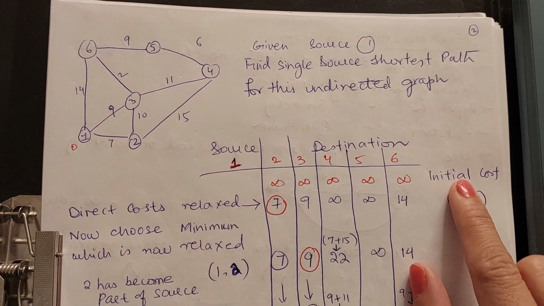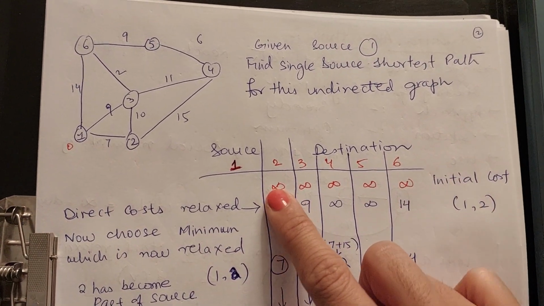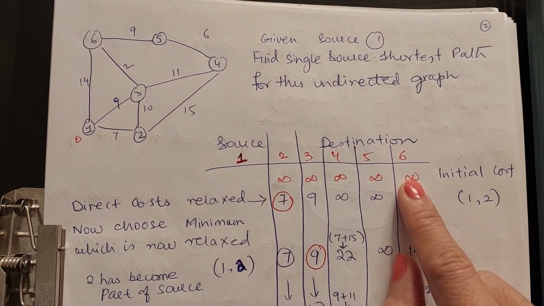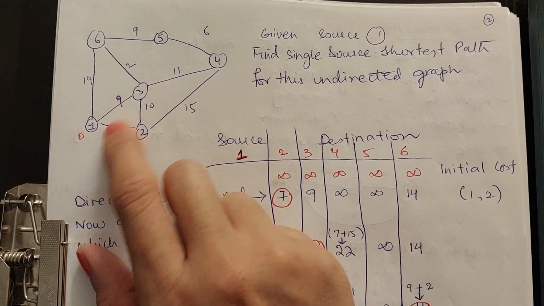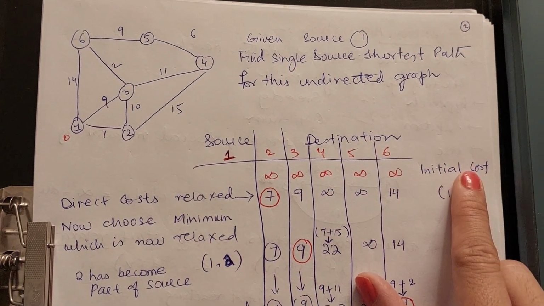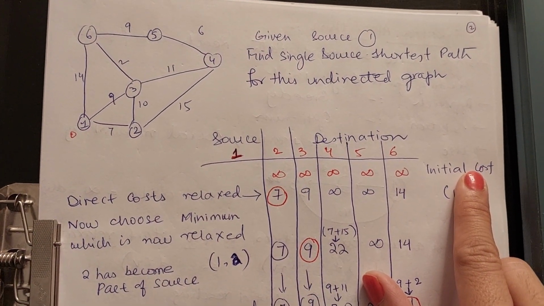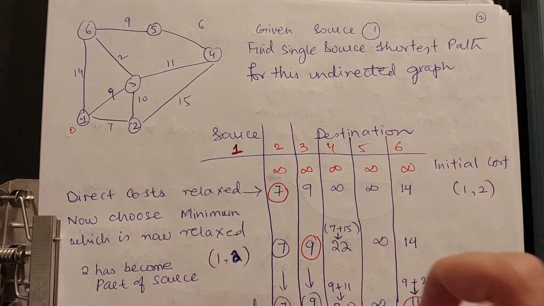So how do we initiate the problem? We initiate the problem by assuming that the cost to reach all these nodes is infinity. We say that if you want to reach from this node to this node, the cost will be infinity. So this is my initial assumption. And in the next steps, I'm going to relax each and every one of these costs one by one.